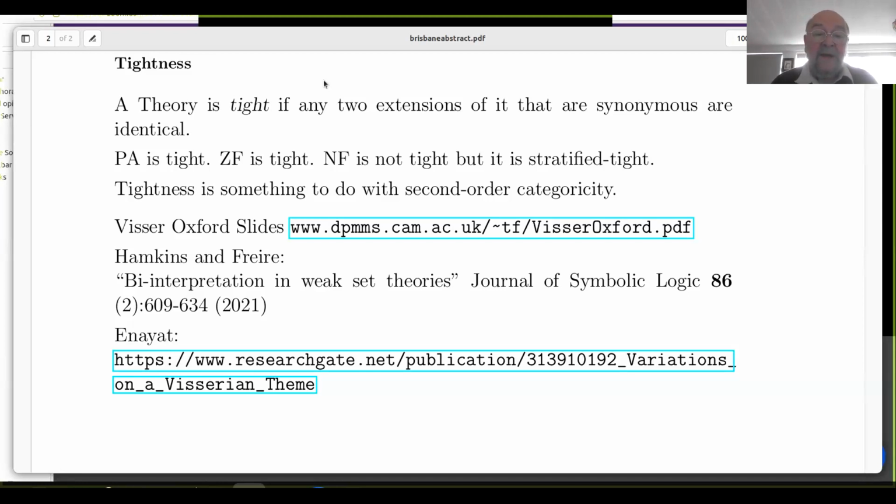Interestingly, and I think this is due to Ali Enayat, Zermelo is not tight, but Zermelo plus the levels exist, the ranks. You know, for any ordinal alpha, the set of things of rank alpha is a set. If you add that to Zermelo, you don't get the whole of ZF, but you do get a tight theory.